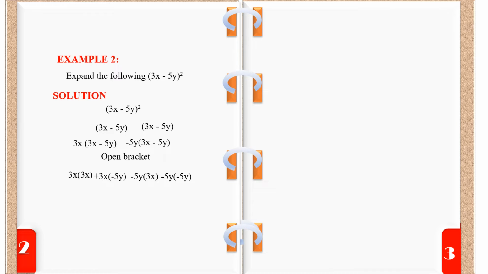Now, 3x times 3x give us 9x squared. Then plus 3x times minus 5y will give us minus 15xy. Minus 5y times 3x will give us minus 15xy. Then minus 5y times minus 5y will give us plus 25y squared.